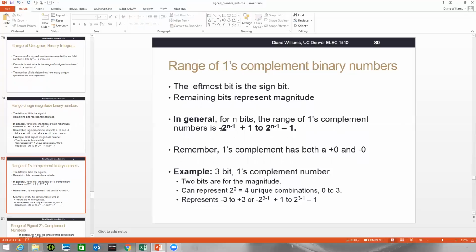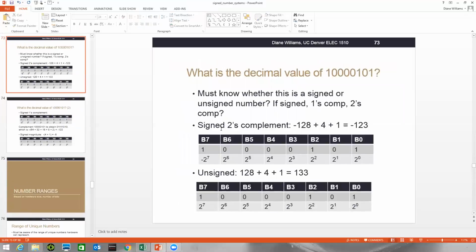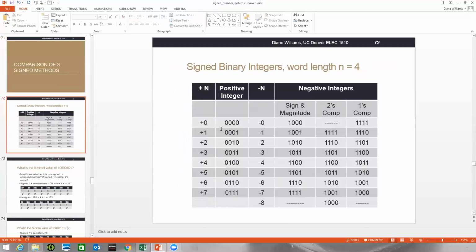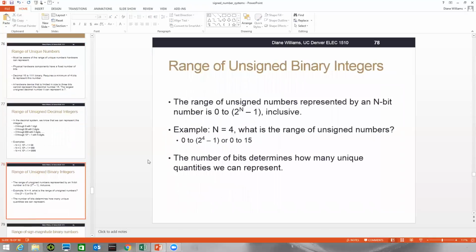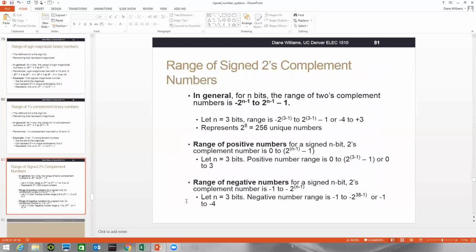If we go back to this table, sign magnitude and one's complement can both represent the same range of positive and negative numbers, just a different way of encoding them. So for 3 bits, you can still represent minus 3 to plus 3. Remember, we have a plus 0 and a minus 0 in each one of those.